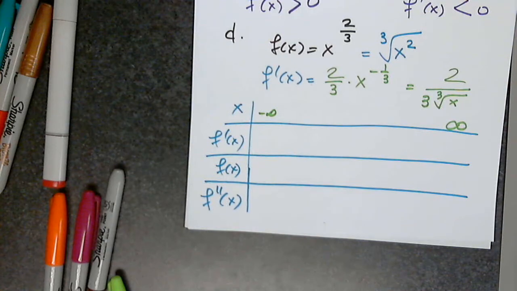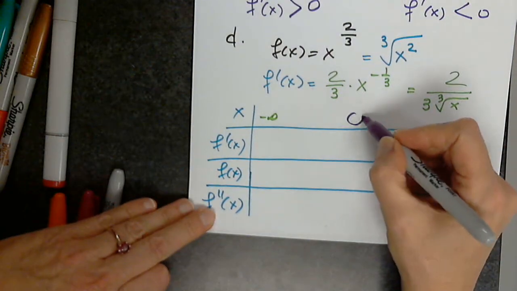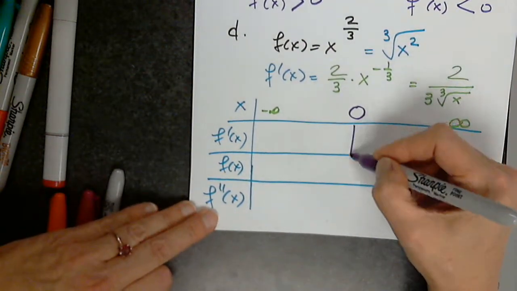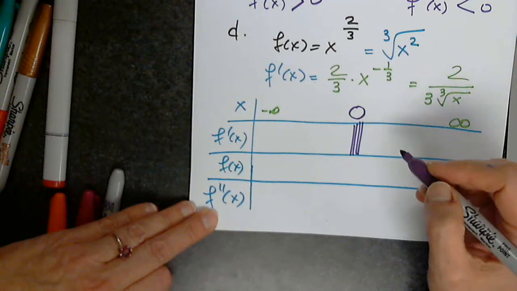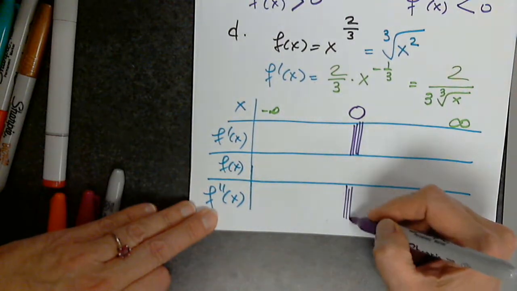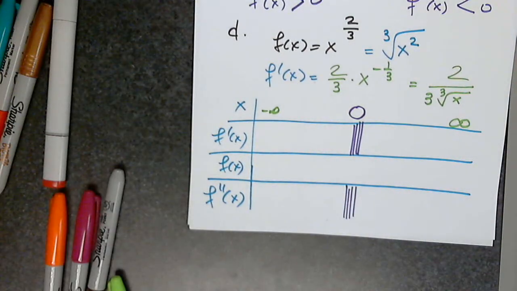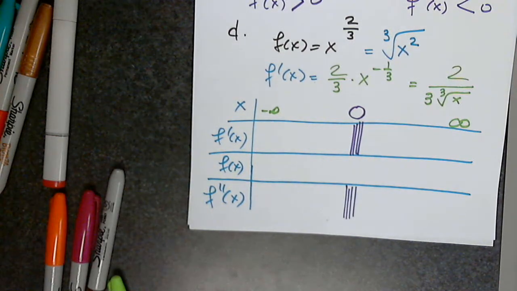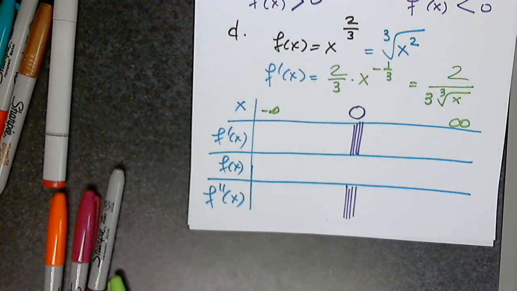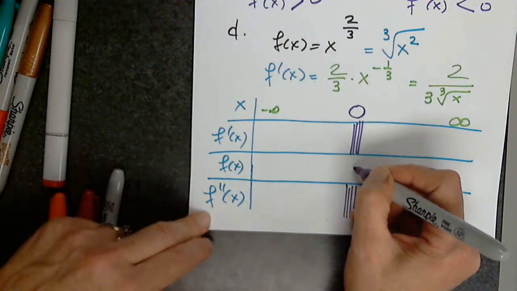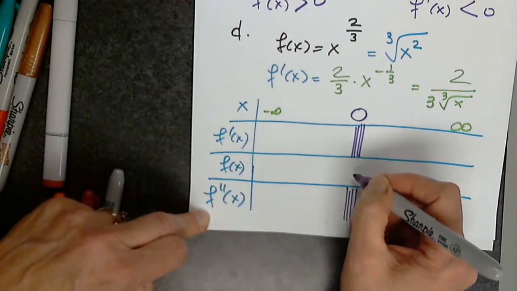Now, is this function undefined at? Right. So at 0, the first derivative is undefined, and the second derivative will be undefined. Not the function, though. The function is defined everywhere. So please plug in 0 and tell me what you get, because I need to find the value of the function at 0.